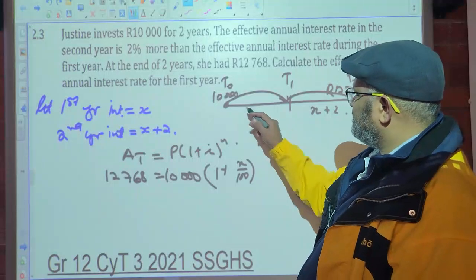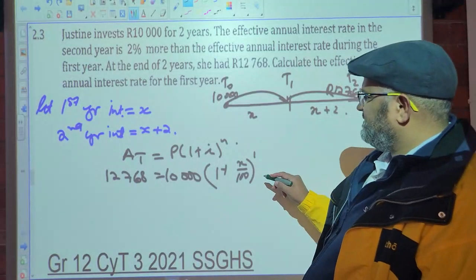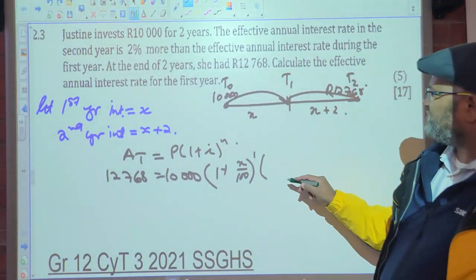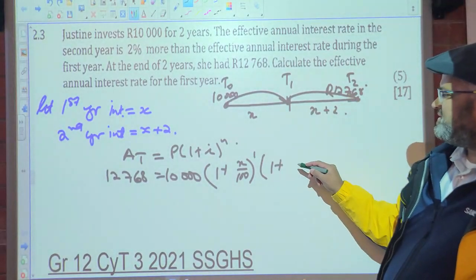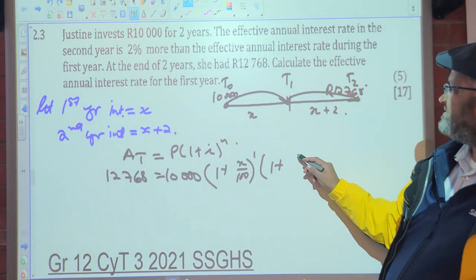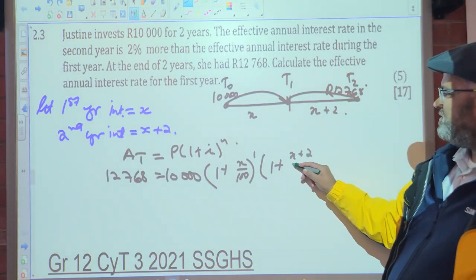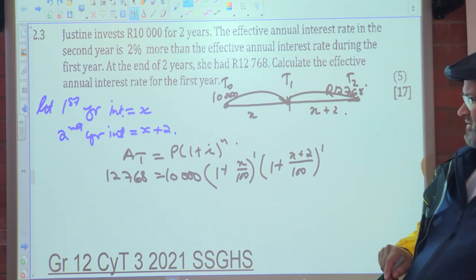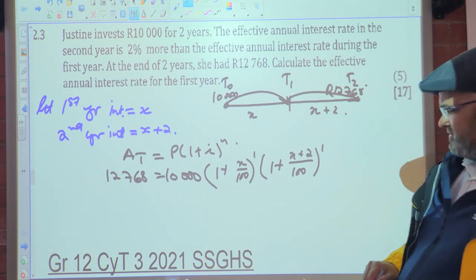Okay? And this is to the exponent 1. Then what happens here? It's going to throw another interest here. So it's going to be into 1 plus X plus 2 over 100 to the exponent 1. Alright.